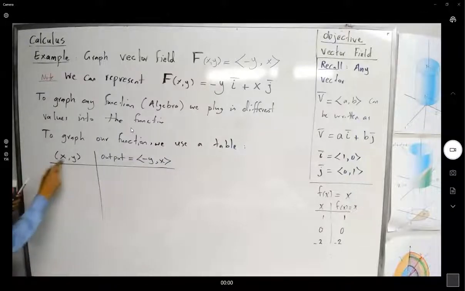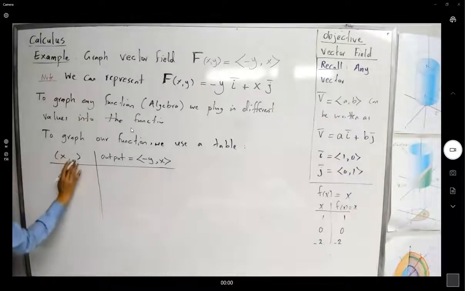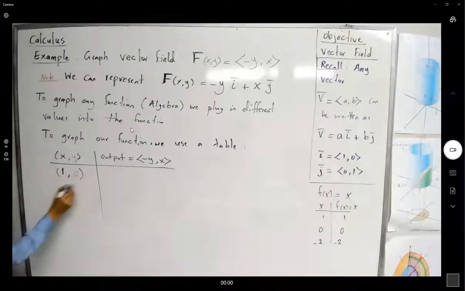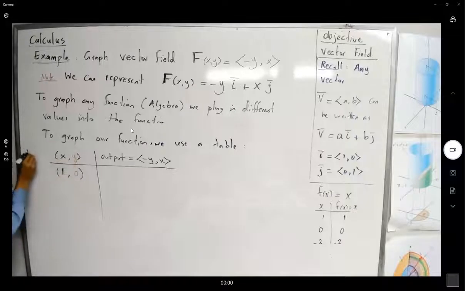Let me use a different color for x and y. For y, I'm going to use red, and for x, I'm going to use purple. So suppose x is 1, and y is, for example, 0. Easy, simple numbers. So this is my very first point. These are my input values, and now I have to calculate the output value.